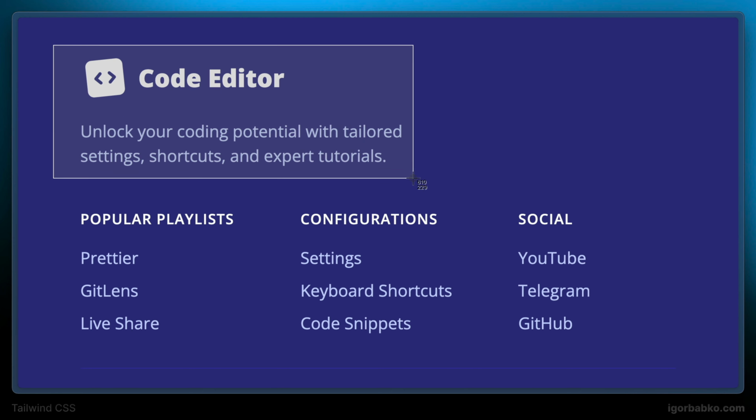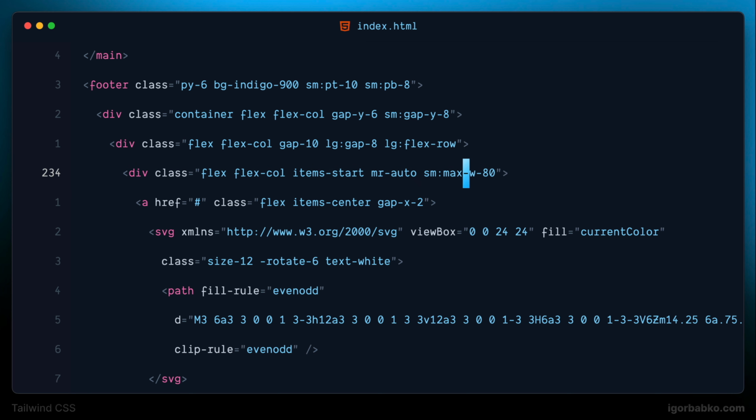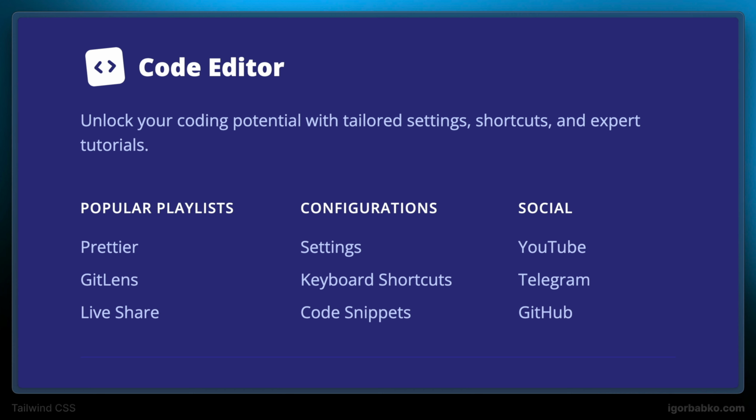So to fix it, I'm going to apply the width restriction only on bigger screens. So let's change this prefix to LG so that the max-w-80 class will be used only on bigger screens. This class restricts the width of this block, but on tablet screens, it will no longer be restricted. So as you can see right now, that block takes up all available width.